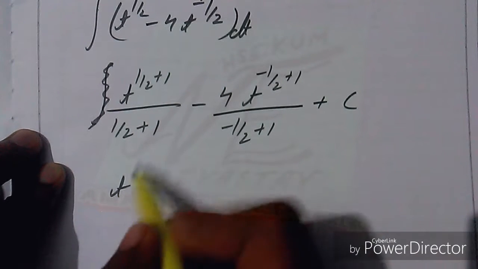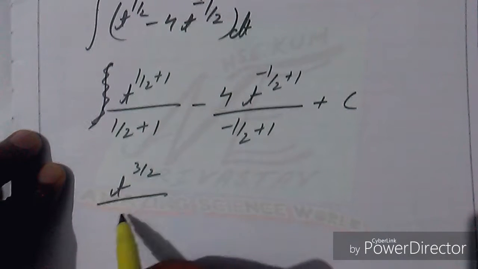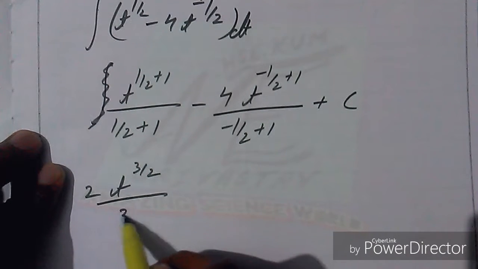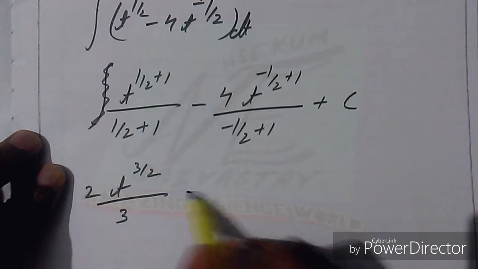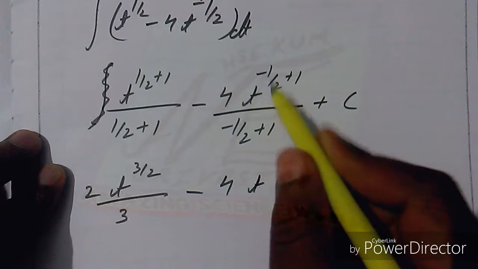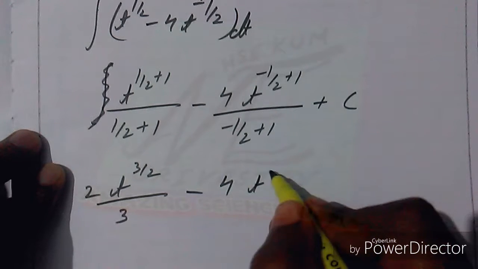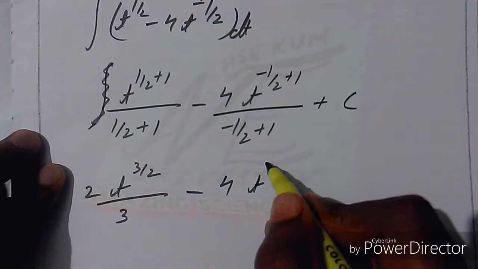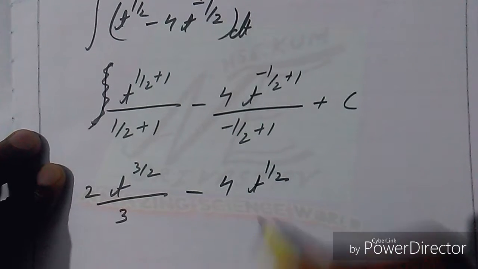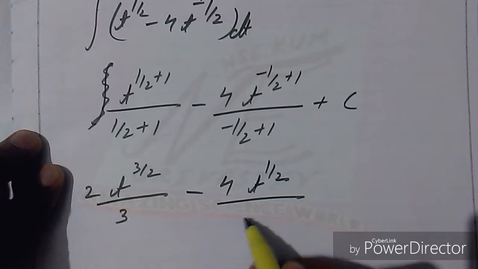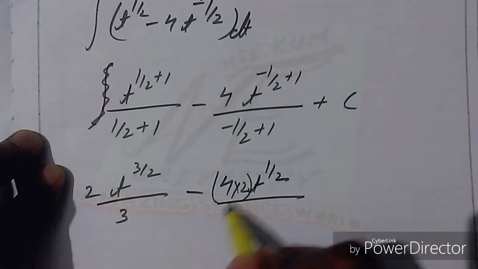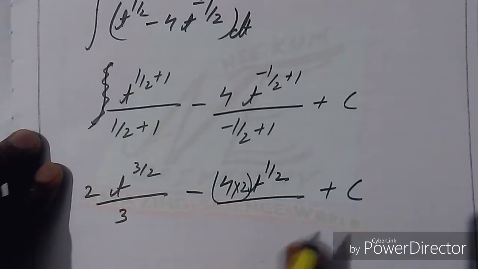That t is 3 by 2 and 3 by 2, then 2 comes here. Now we write it as, that is minus 1 by 2 plus 1, that is 1 by 2, and here 1 by 2 comes, the 2 in the multiplication plus c.